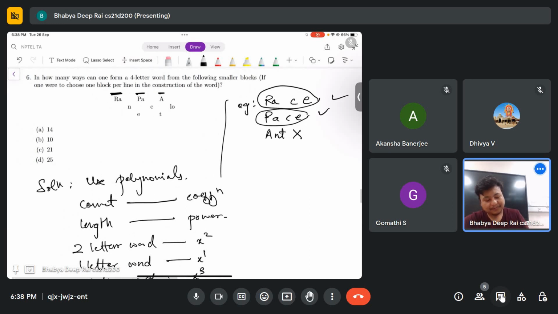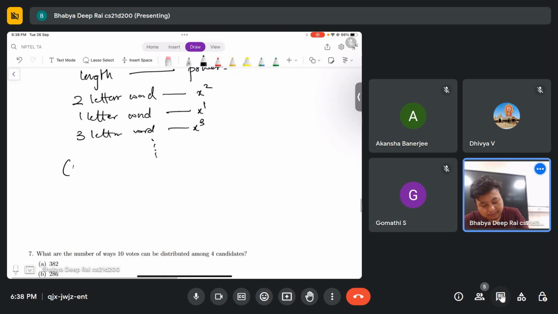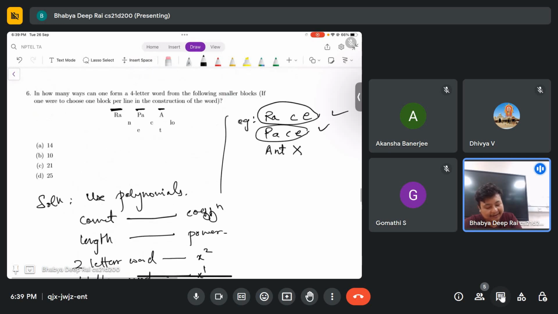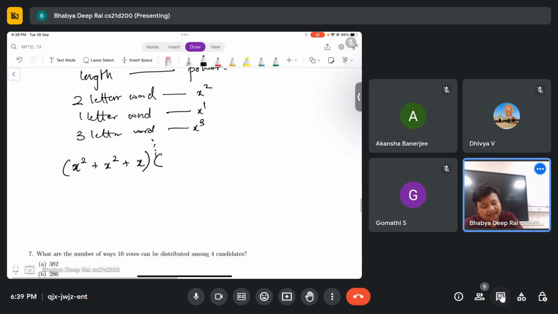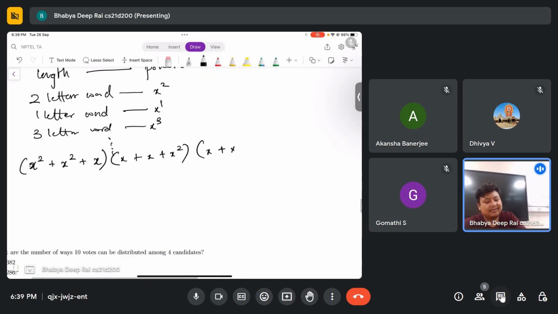Now let me look at the first line from which I need to pick. I can pick a 2-letter word, and I can pick a 1-letter word. X square is what I am using to denote a 2-letter word, mind you. So I can use a 2-letter word or a 1-letter word, times the second line, NCLO: C is a 1-letter word, and LO is a 2-letter word, times ET, so a 1-letter word plus a 1-letter word.